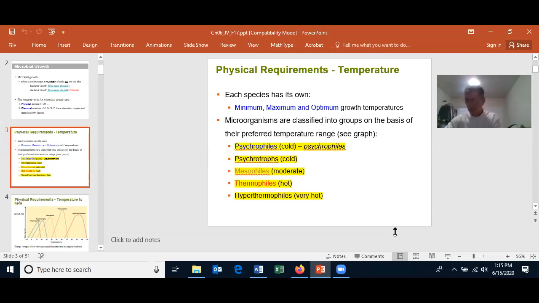The minimum temperature will be the lowest temperature at which the species would grow. Below that temperature, the species would not grow. It might not die, but it would not grow. You can classify microorganisms into groups on the basis of their preferred temperature range. Any question about that?